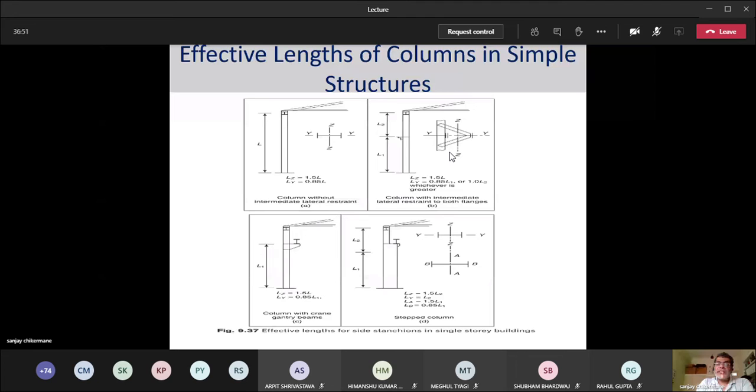And in the Z direction, it is still 1.5 L. In the sense that this is where I'm restraining the column in the y-axis. In my y-axis, there is a restraint. In my z-axis, there isn't.